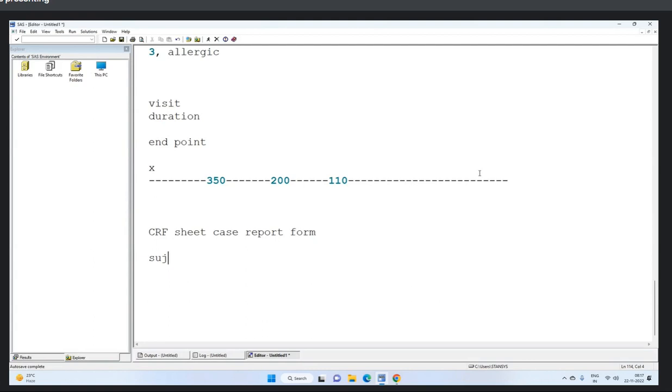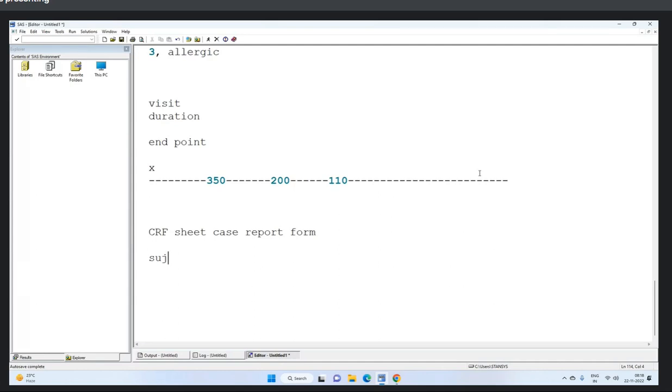It's just like an application form. When you're applying for a job or for the next course, you are going to fill an application form, right? You have to give all the details. In the same way, when you perform the laboratory test, we get a lot of test reports. We get all the test results into the CRF sheet, and that's why this is called a case report form. And 80% of the data in real time we get from the CRF sheet.